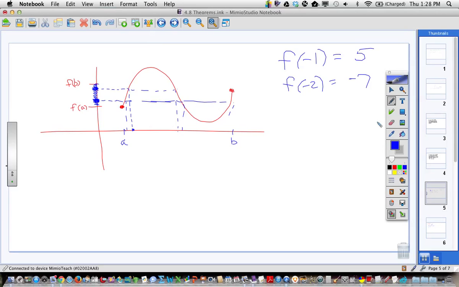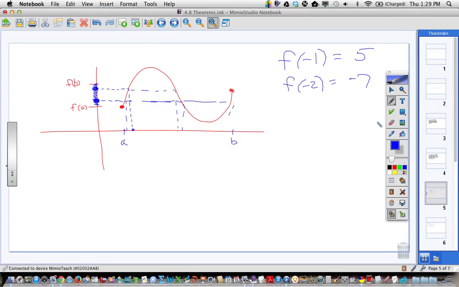All right, so again, you're going to get into some of these functions. If you've got a function that's not continuous, it still might hit all the points in between. But it's just not guaranteed to, right? So again, I can put up that one I had a minute ago, where it goes like this, and it goes like so, and it's got a hole right there.